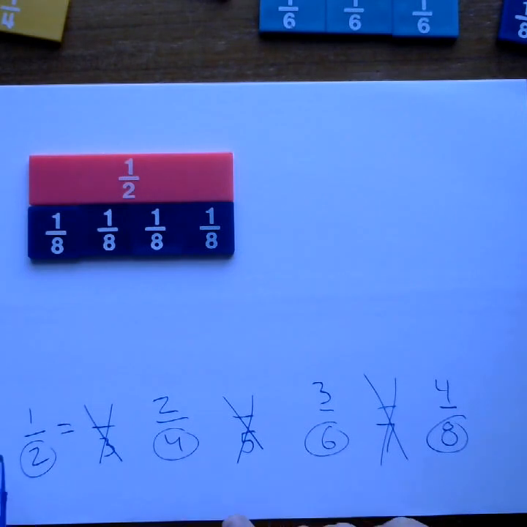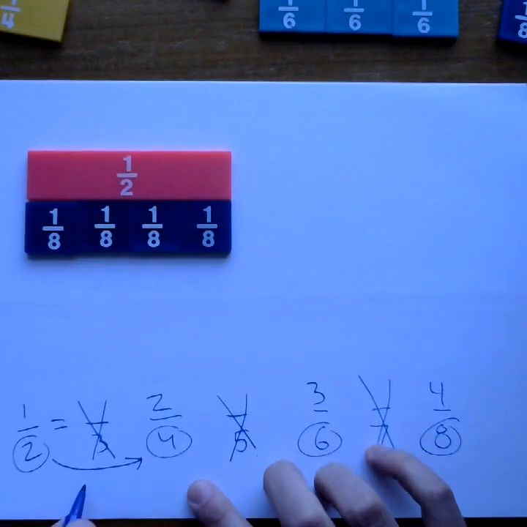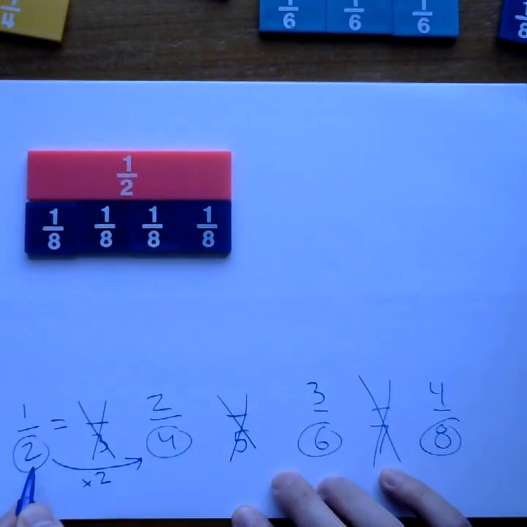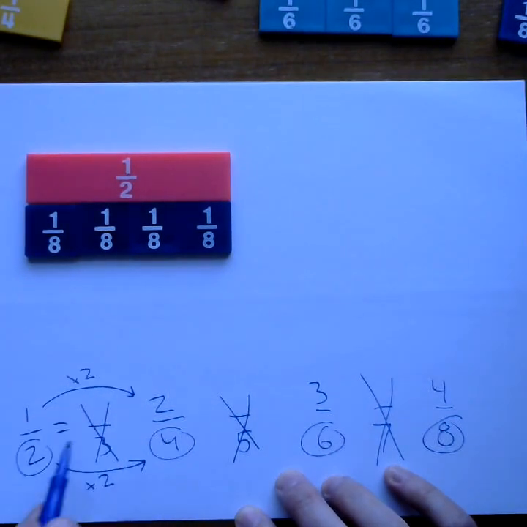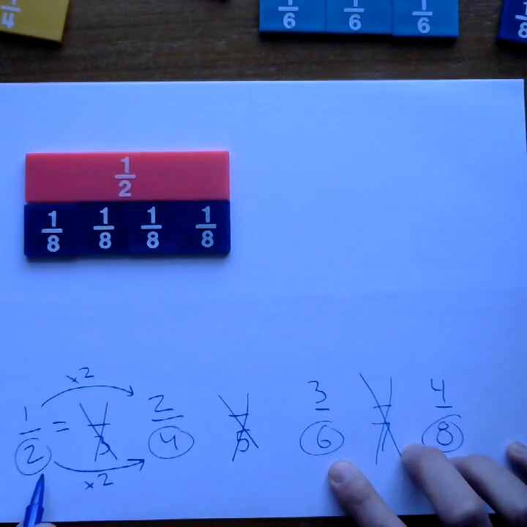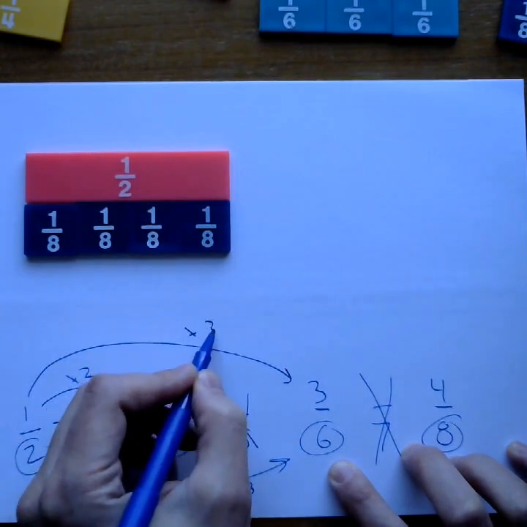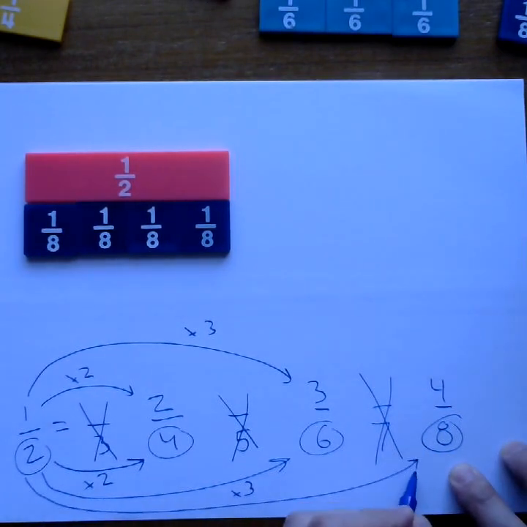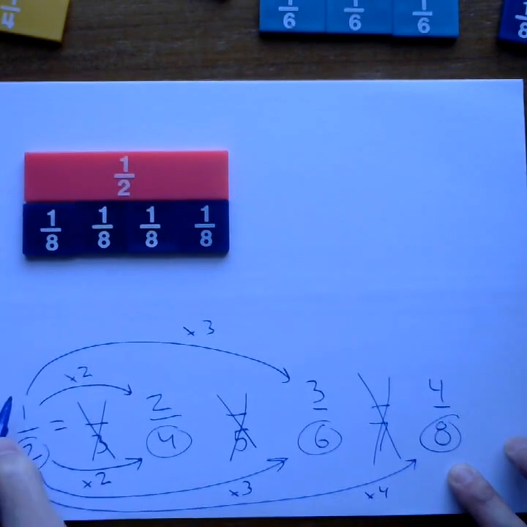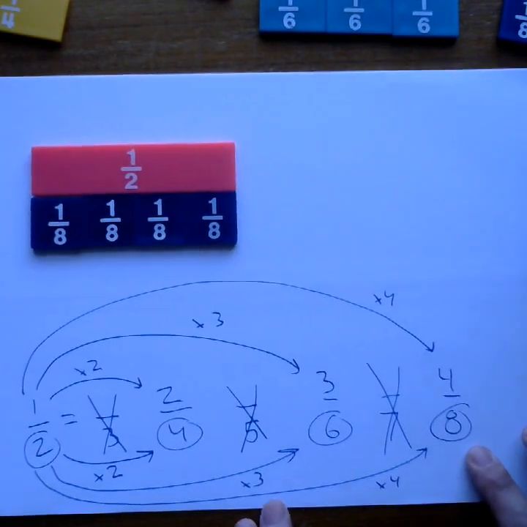So how would I know how many fourths equal a half? Well, fourths are 2 times as small as halves, so you need twice as many of them to make an equivalent fraction. Sixths are 3 times as small as halves, so you need 3 times as many of them. And eighths are 4 times as small as halves, so you need 4 times as many of them to make an equivalent fraction.